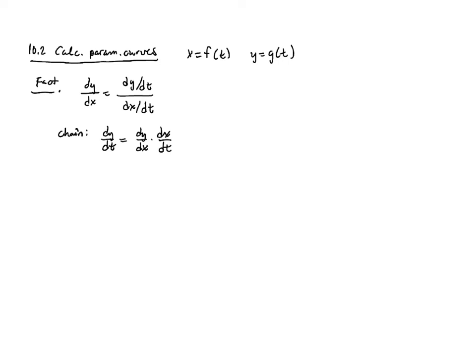And if you divide both sides by dx dt, then you get exactly the formula that I've written above. Thinking in terms of the equations that we started with, here's my equation for y, so I use that to rewrite the numerator as g prime of t, and my x is given by f of t, so when I take its derivative, that denominator is f prime of t.